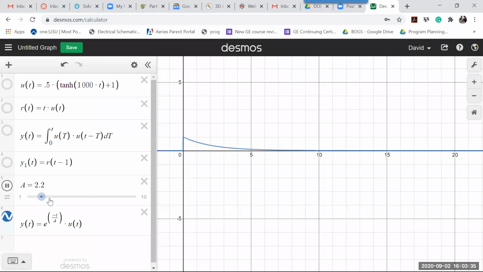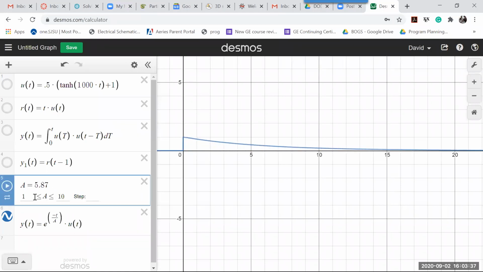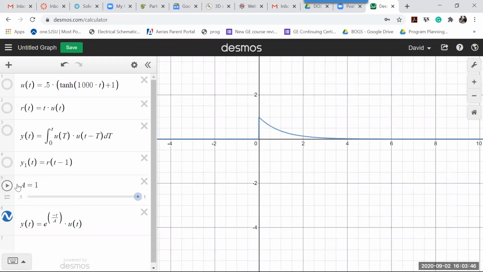And as it goes to 1, it gets sharper and sharper, takes longer and longer. But it's a first order decaying system, and it takes approximately 5 time constants to go to 0.